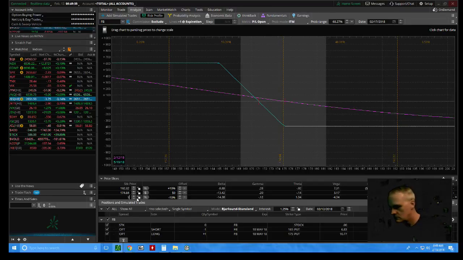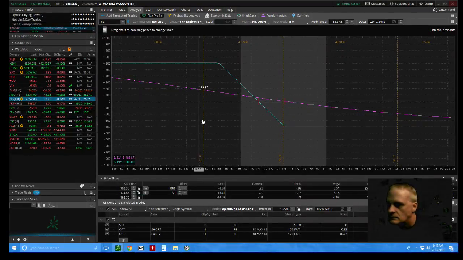Then at expiration, which is May, I'd see a $600 profit. I don't know if it needs that long to get down there, quite honestly.